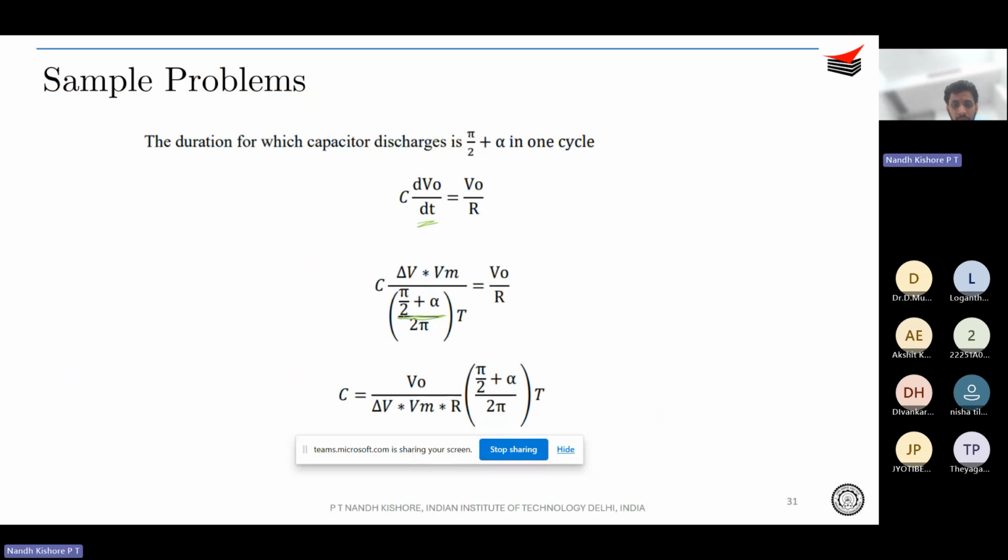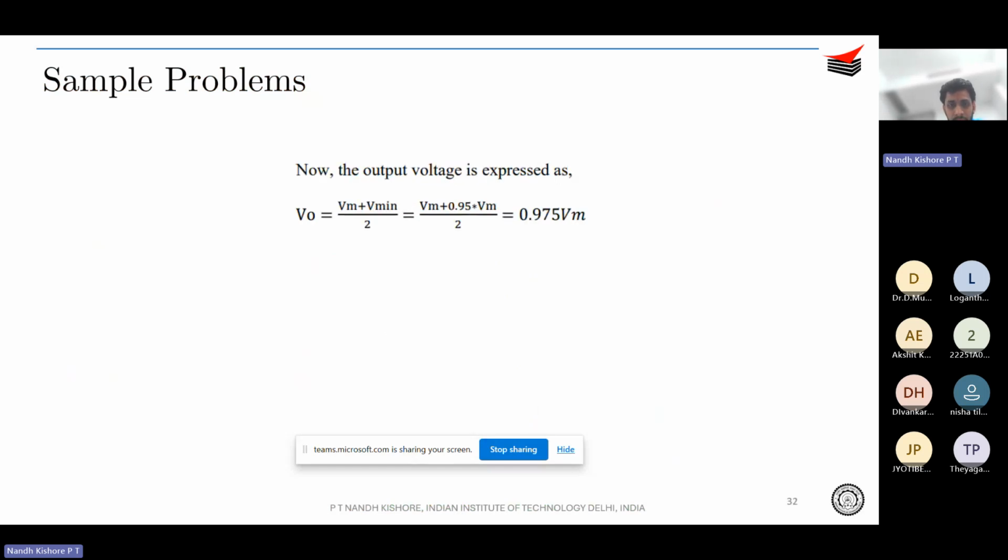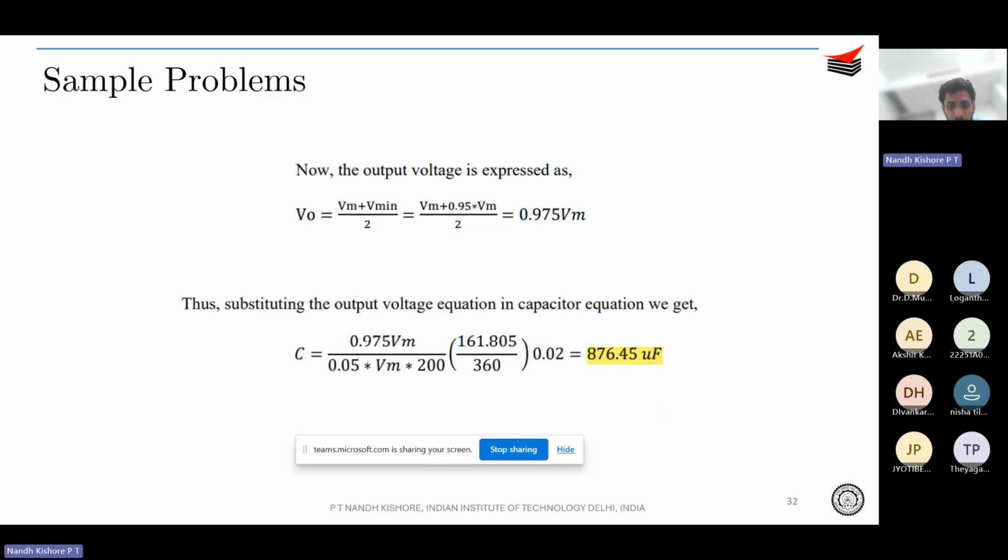So you need to multiply by T by 2 pi to make the angle into time. That is 161.8 into capital T. Capital T is 20 milliseconds, so 0.02, divided by 360. So angle to time is your angle theta into the fundamental period divided by 2 pi.